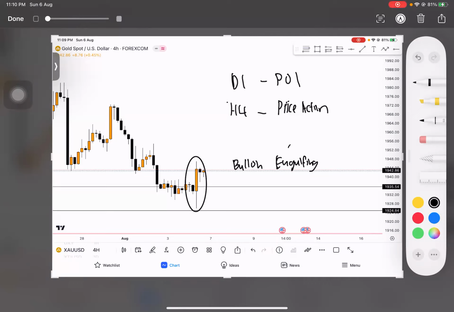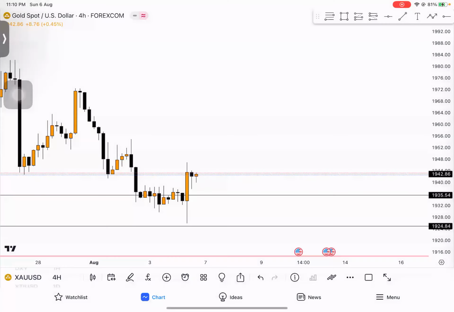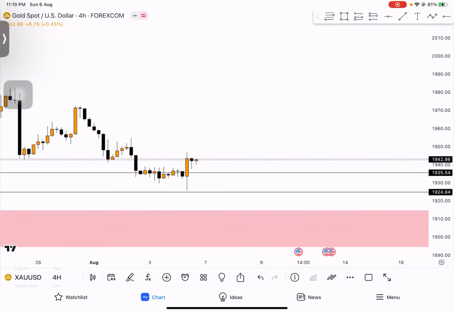This bullish engulfing actually indicates a strong bias inside your point of interest. This fulfills the second requirement of your trading SOP. H4 is complete, and then you can go to the third one.